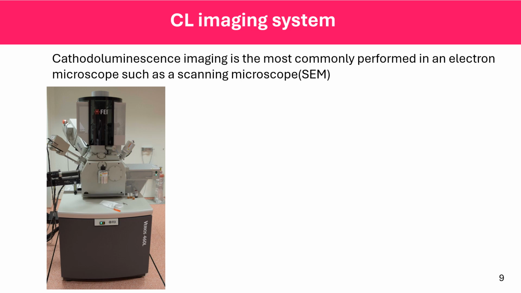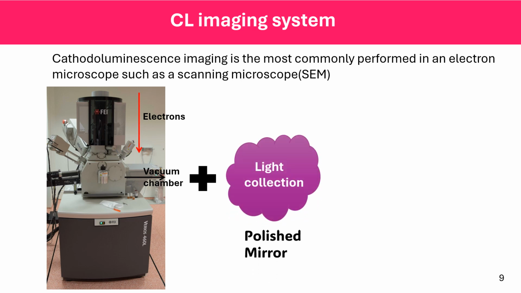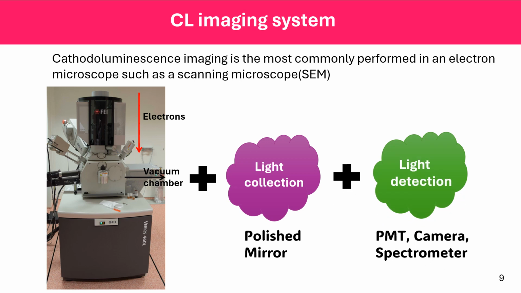On the left we have the SEM system, and here is the electron which comes from up to down in the system, in the vacuum chamber, and we couple this with light collection, which is a collection of different mirrors, plus the light detection part: PMT, camera, spectrometer. Accordingly, we get this hardware system.